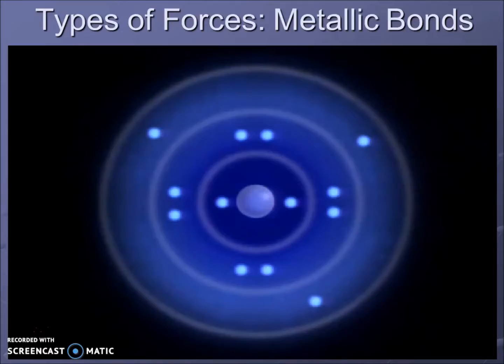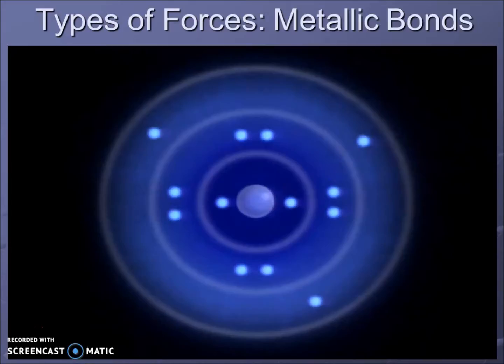How strong is the attraction between the nucleus and the valence electrons in a metal? Well, hopefully you remembered and answered that it's not very strong. The ionization energy of metals are fairly low because, again, we have a fairly small number of protons in here for any given energy level.